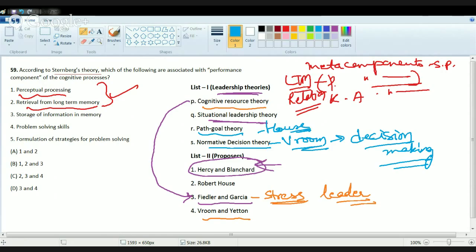Under path-goal theory, the leader's behavior is contingent to satisfaction and performance of the subordinates. For example, if all the people under me are doing good, I'll be happy and satisfied. That is the path-goal theory.